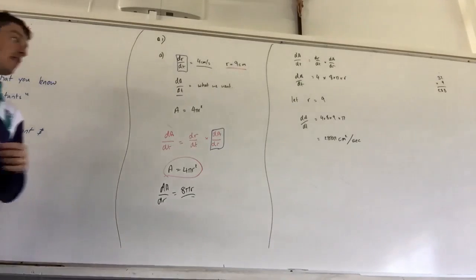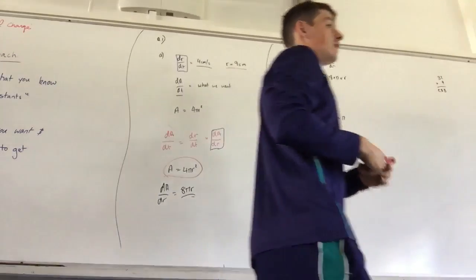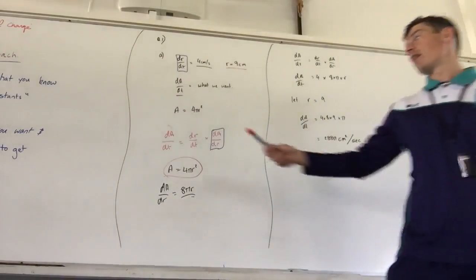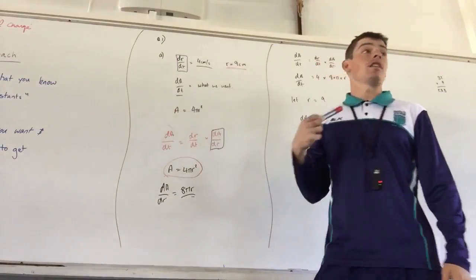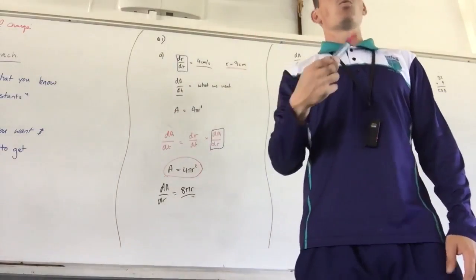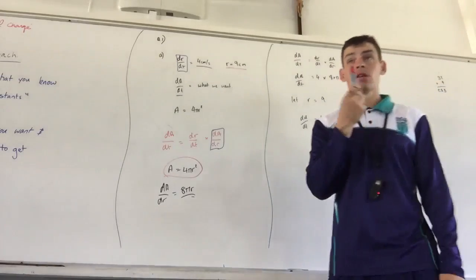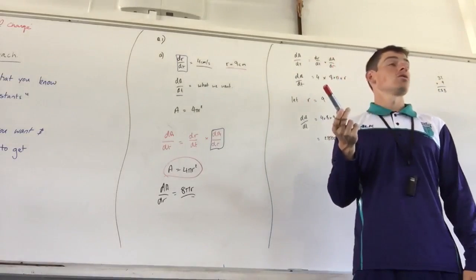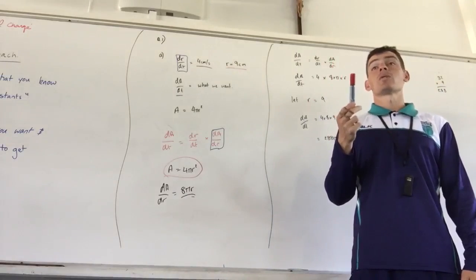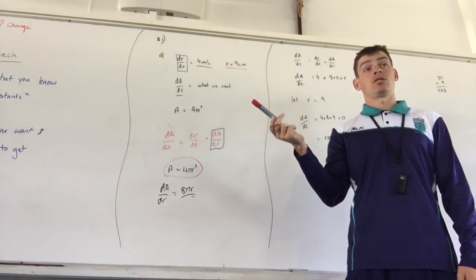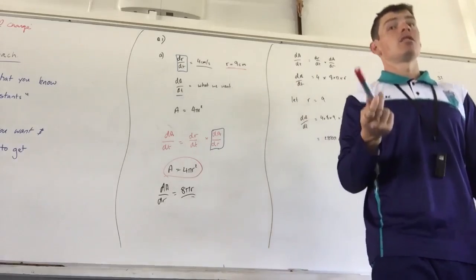The other way these can get a bit trickier is if my area formula, for example, was the area of a cylinder. Why would that be trickier? What's the area of a cylinder? Pi r squared plus 2 pi r h. Why is that harder? Two variables.